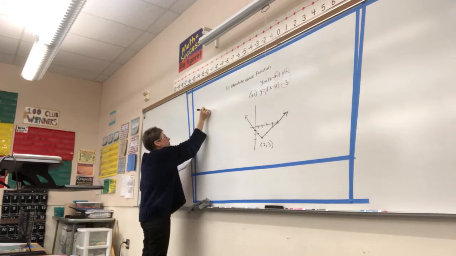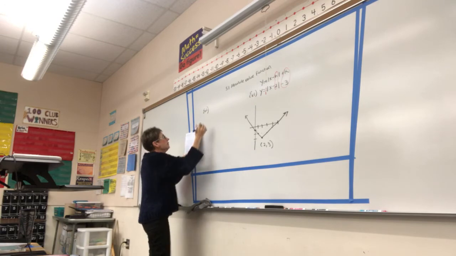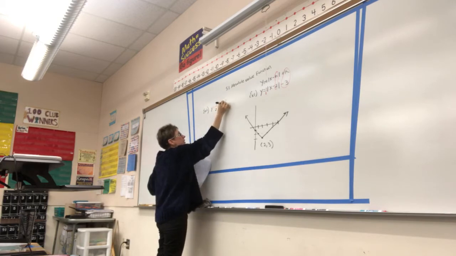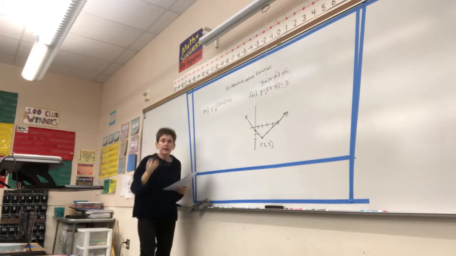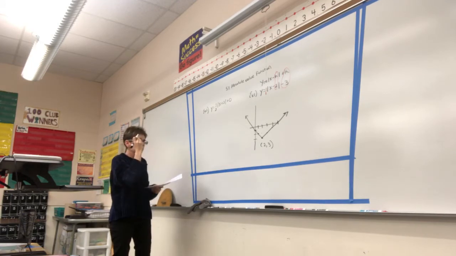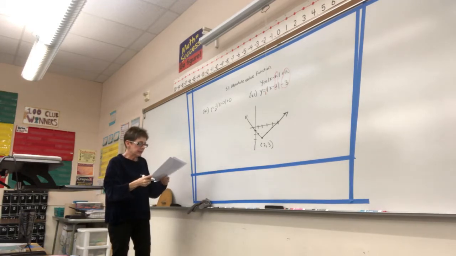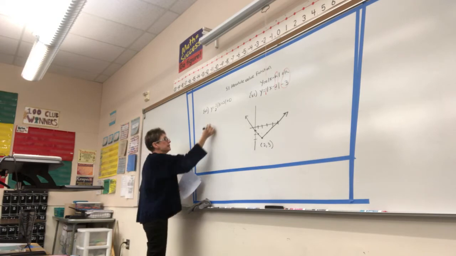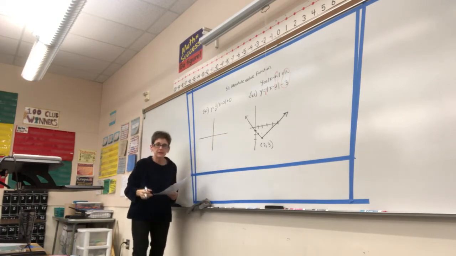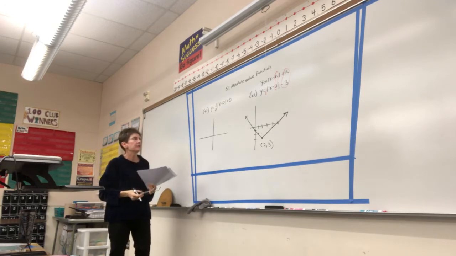For example number 2, we're going to graph y equals 1/2 times the absolute value of x plus 2. And you can think of that as being plus 0 if it helps you. All right, you tell me, where do you think the vertex of this is? Where would be the vertex of that absolute value function?